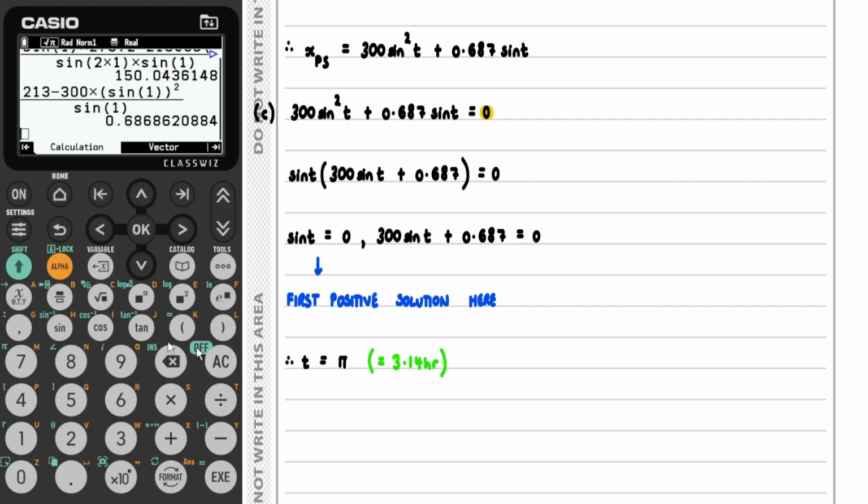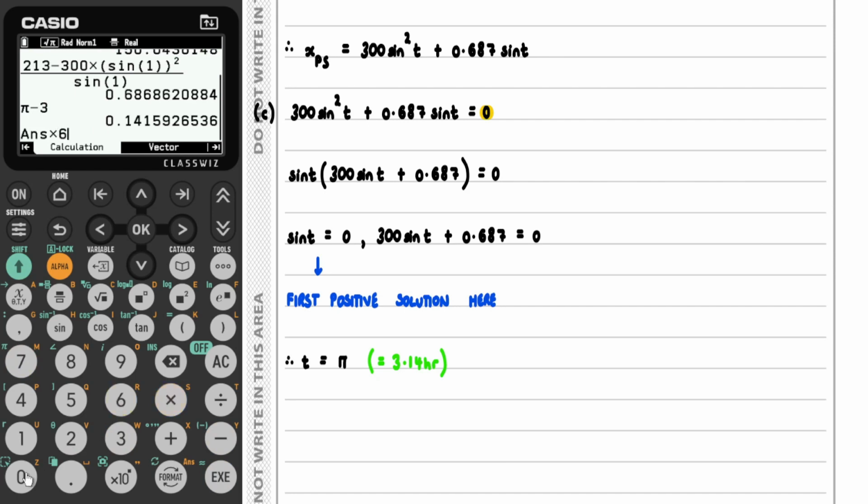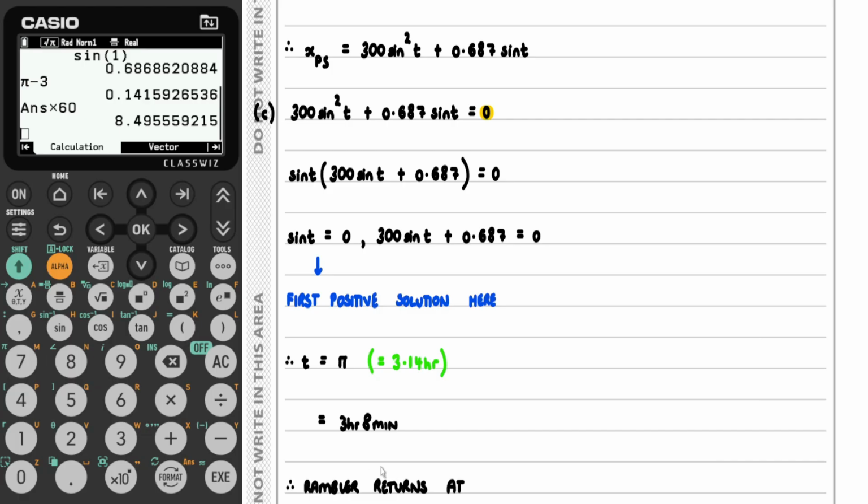What we can do is pi take away 3, that's 0.14, etc. And if I times this by 60, I get 8.49, etc. And so here, this is the same as 3 hours 8 minutes. And so the rambler starts at 10 AM, we were told that in the question, and then we add on this 3 hours 8 minutes, and that gets us to 1:08 PM.